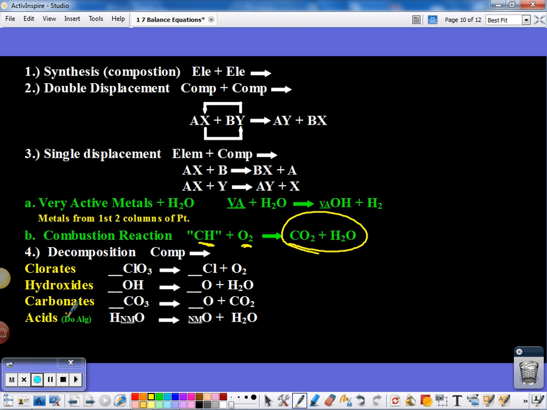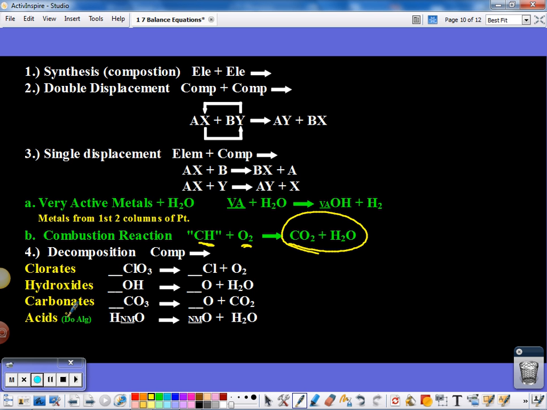Now, on your keep it forever place, write down combustion equals burning. So when I say combustion, I mean burning. If I say burning, it's a combustion.